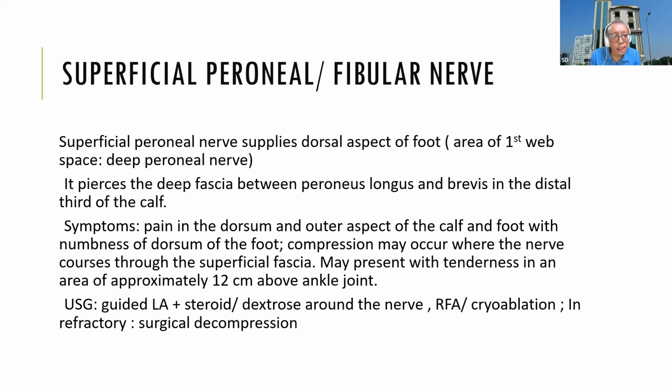So if the steroid and dextrose prolotherapy is not helping, or if these interventions are giving very short duration of pain relief, you can always go for cryoablation or radiofrequency ablation of the nerve. Or if all of these modalities are not relieving the pain, then you can go for surgical decompression of this nerve.